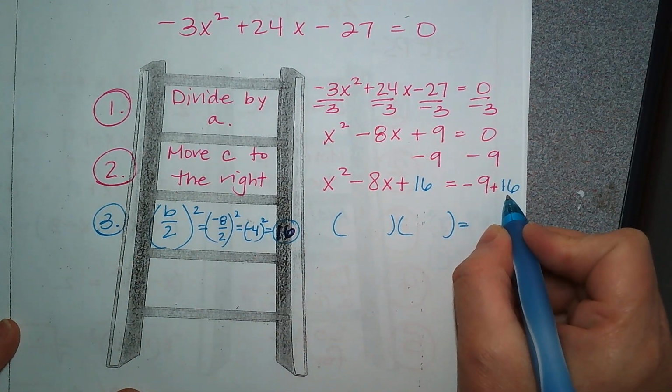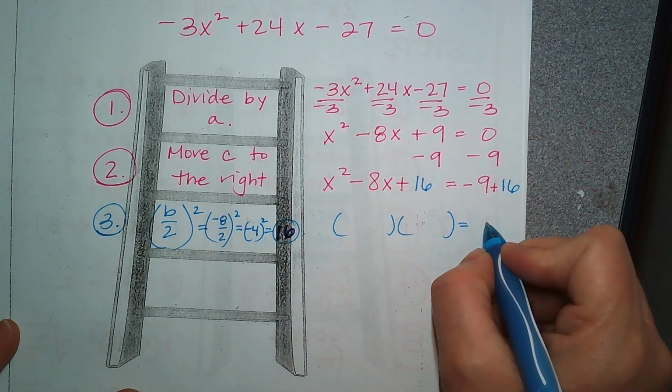What's negative 9 plus 16? And simplify the right-hand side. We're going to factor the left and simplify the right.